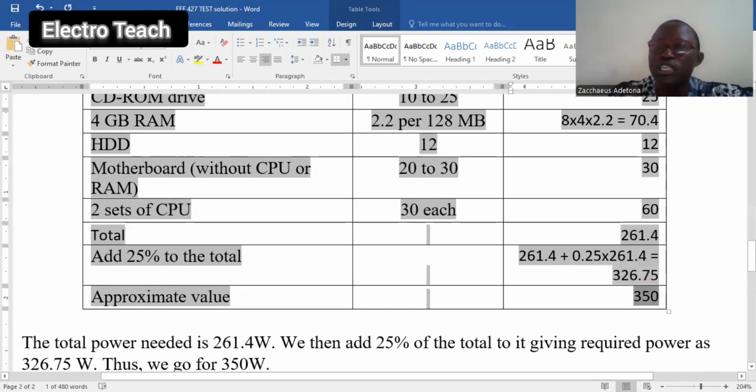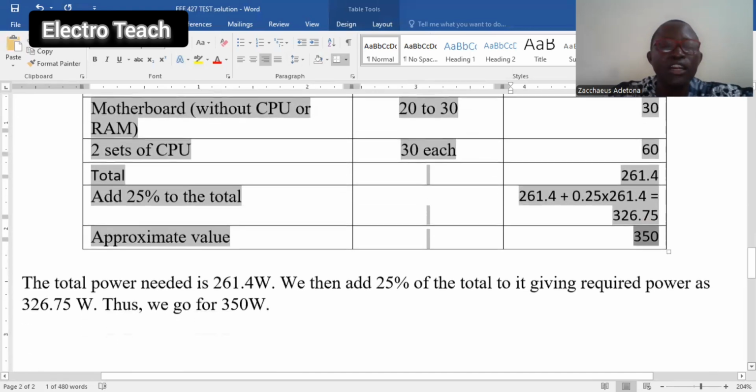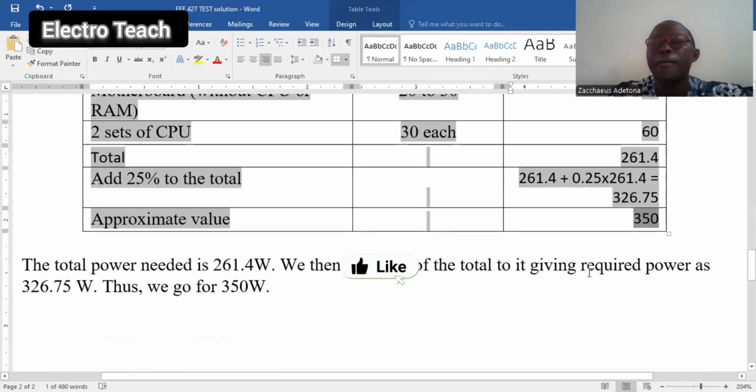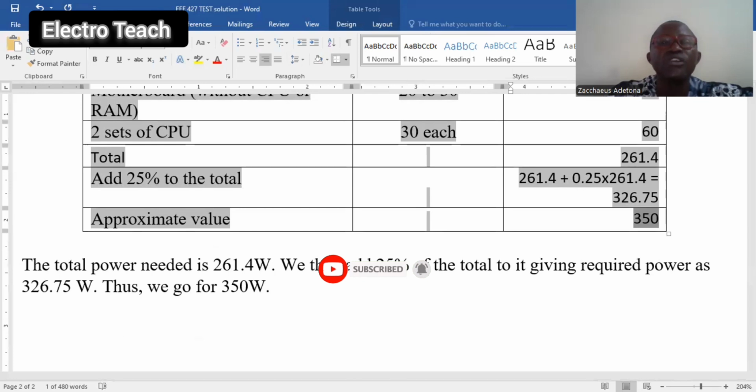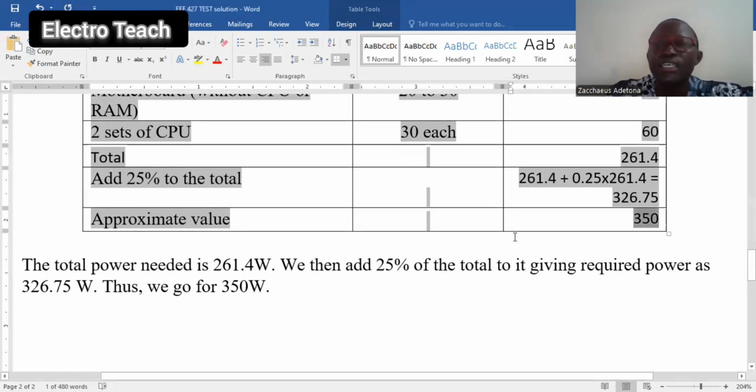So for the design, it is good to buy a 350 watts power supply unit for the computer to be installed. I hope you get it now. We cannot go to the market and be looking for 326.75 watts.